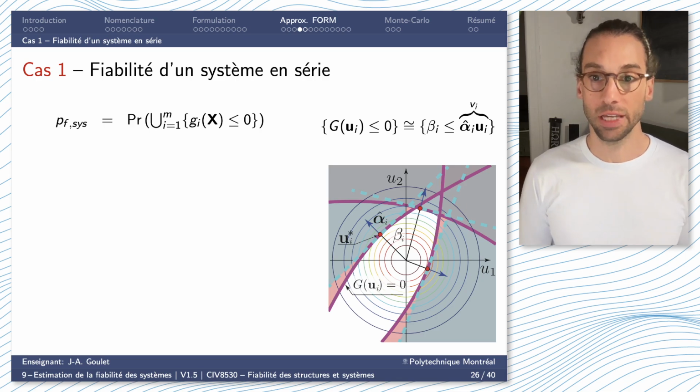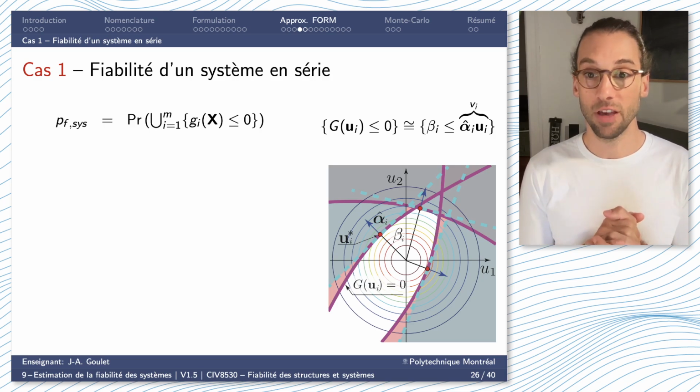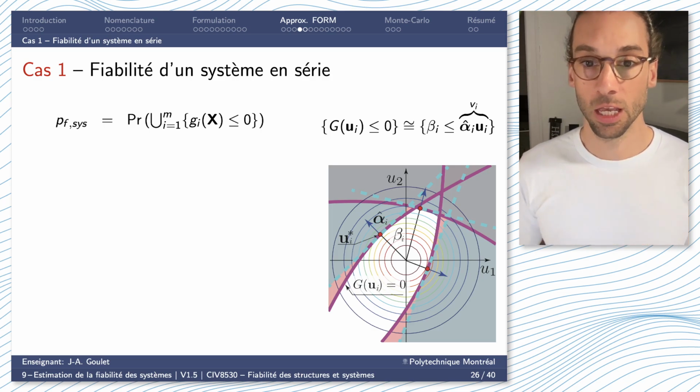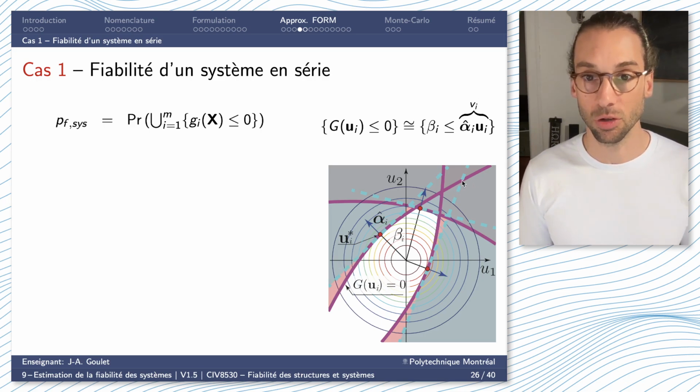Now we're going to look at the first case. How can we use FORM to evaluate the failure probability over multiple components? That would be a series system. Imagine I have three different limit state functions. My first one is here, second one is there, third one is there.